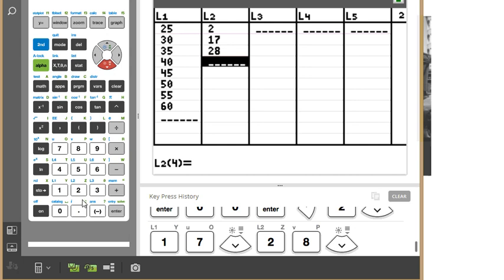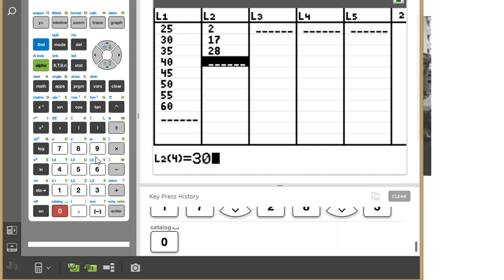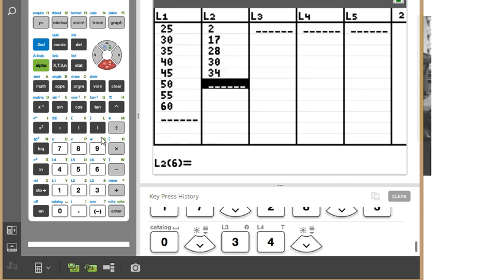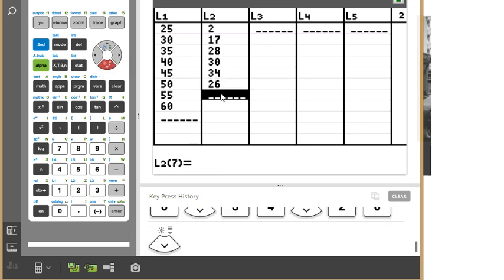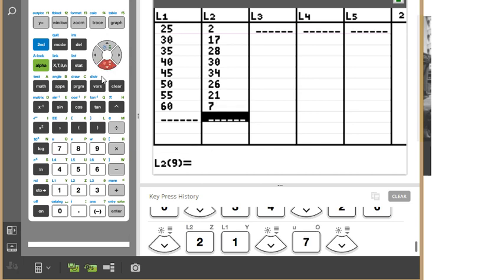Then 30, 34, and then at 50 we have 26. So now the profits are starting to go down a little. See that? And then we have 21. And finally, at $60 a ticket, we make a profit of 7. I guess that's thousands of dollars, right? Okay, so we have that.